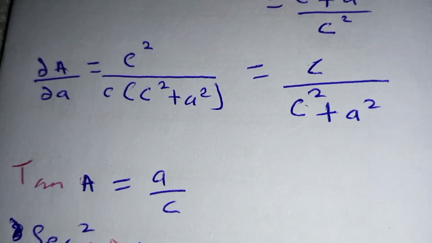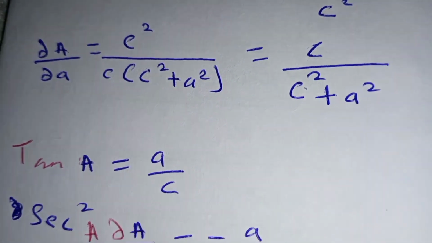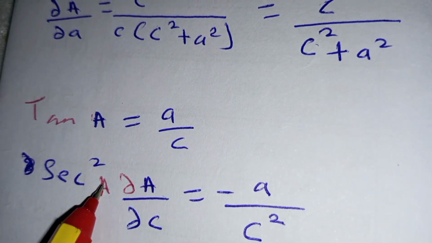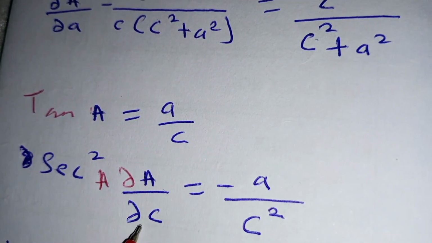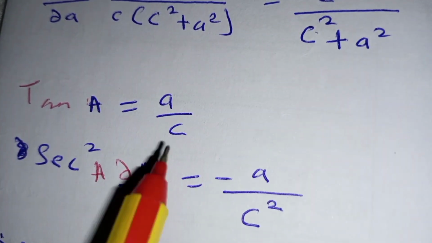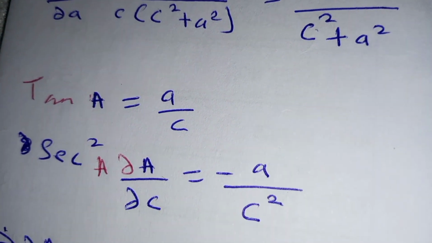Then we also obtain the partial of A with respect to c. When you differentiate tan A, the result is sec squared A, partial of A with respect to c. When you differentiate a over c, the result is negative a over c squared by the power rule.